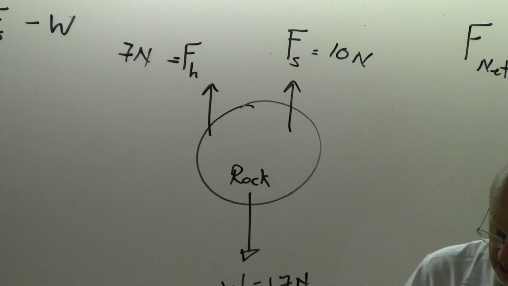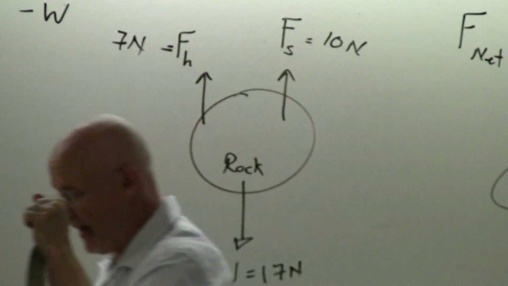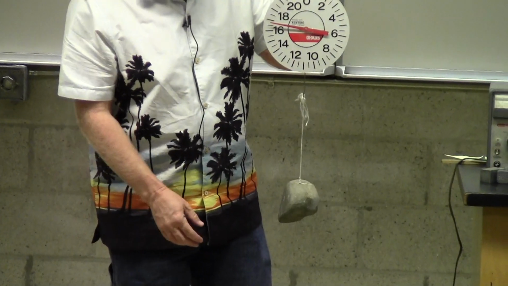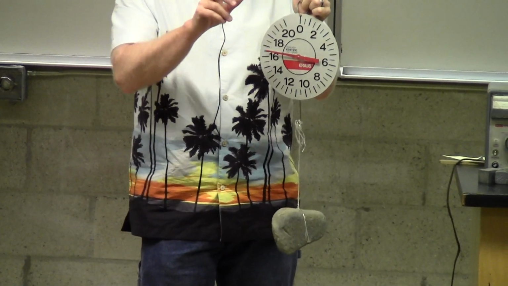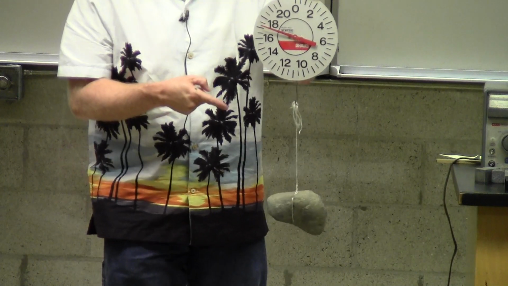And so let me just say it again. We did some problems like this way back in chapter 3 so that you would understand scales a little bit better. Scales don't automatically read weight. If you use them correctly, they read weight. This is doing a scale correctly.